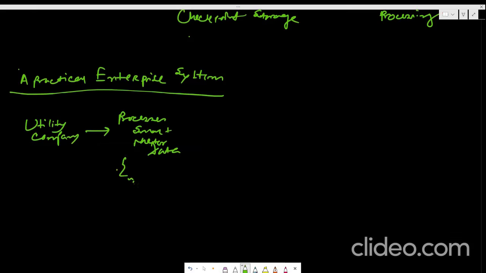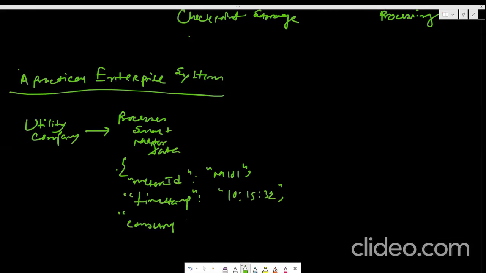The data looks like this. There is some meter ID, suppose A101. Then there is a timestamp, suppose 10:15:32. Next there is a consumption rate, suppose 4.8.